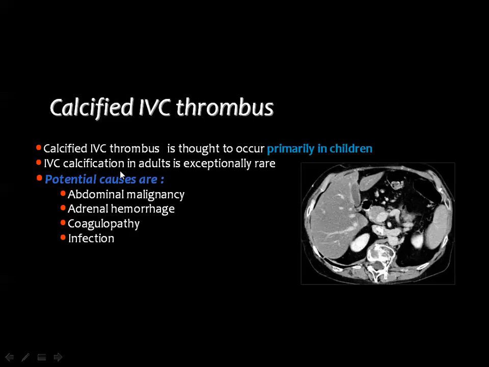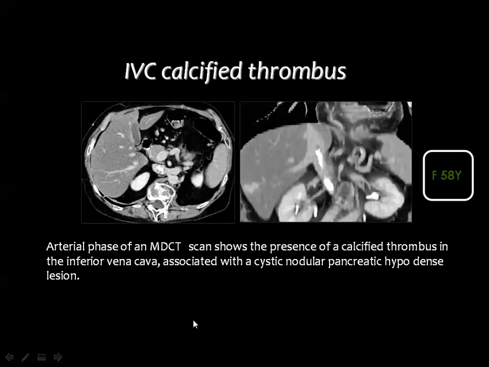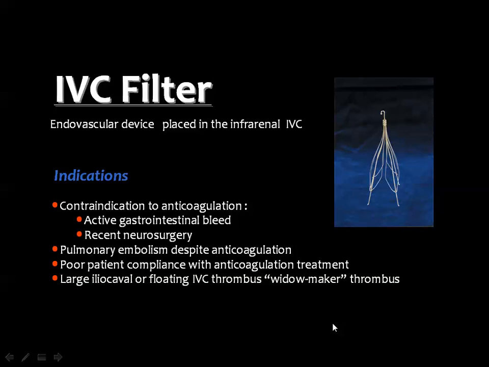IVC calcification in adults is extremely rare according to the literature, and the potential causes include abdominal malignancies, adrenal hemorrhage, coagulopathy, and infection. This is one of the examples in an adult female patient with calcification inside the IVC, and this is due to the presence of thrombus here.